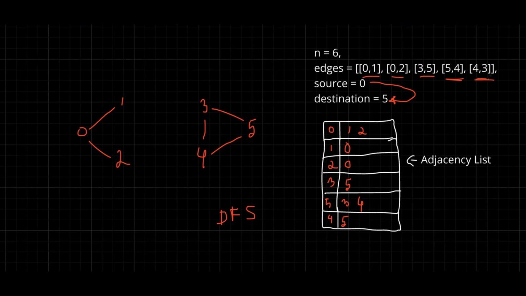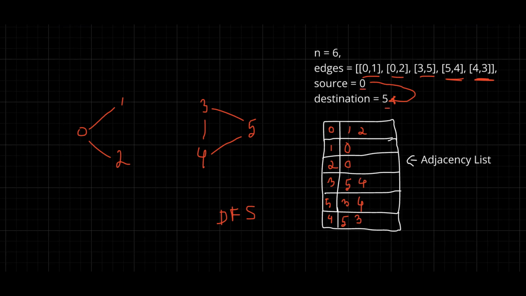And the last is 4 and 3. So we will insert 4 into the key of 3 and we will insert 3 into the key of 4. So this is the adjacency list representation of this graph, and we are given a source node and a destination node.